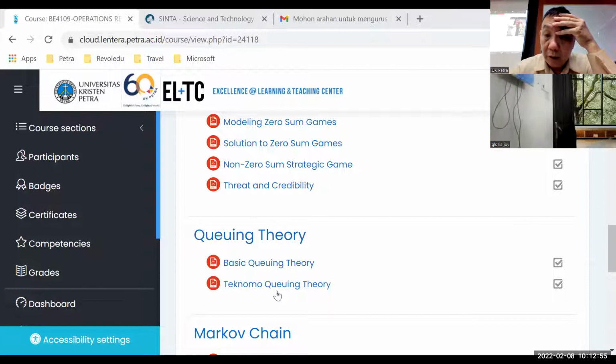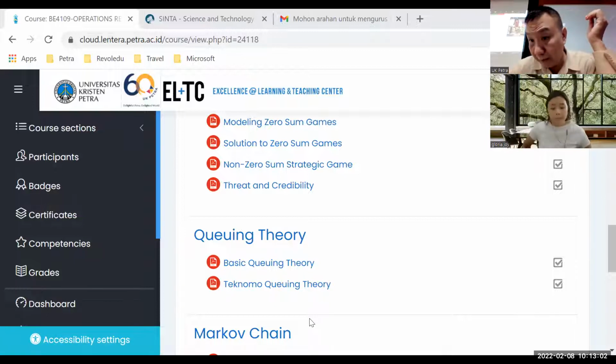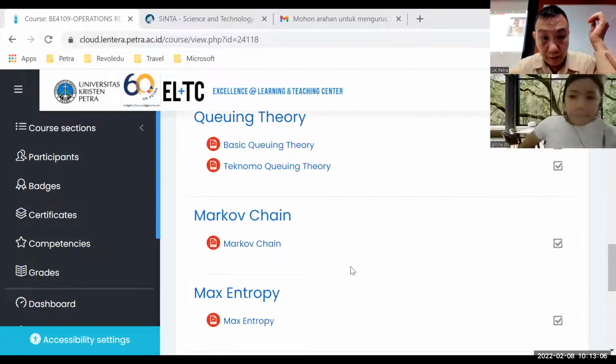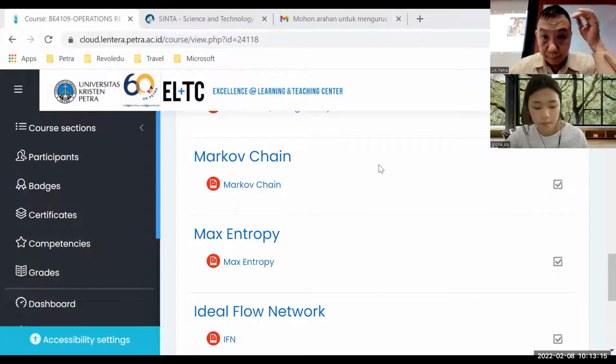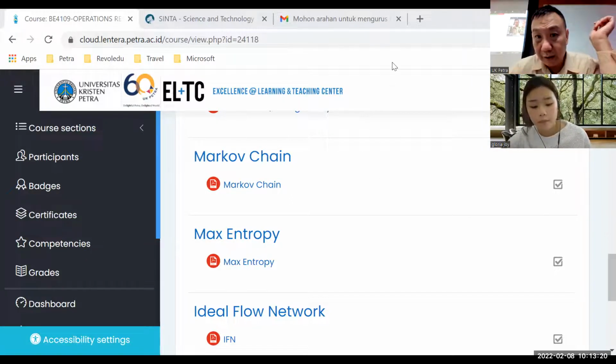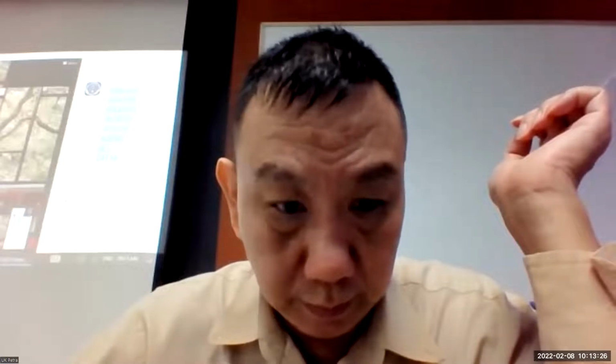We have a lot of material in queuing theory, so I just put 2 here, but depending on the time later, I can add more. And the last 3 are the Markov chain, maximum entropy, and so on. Again, these are all slides, so you can study beforehand. Okay, next.